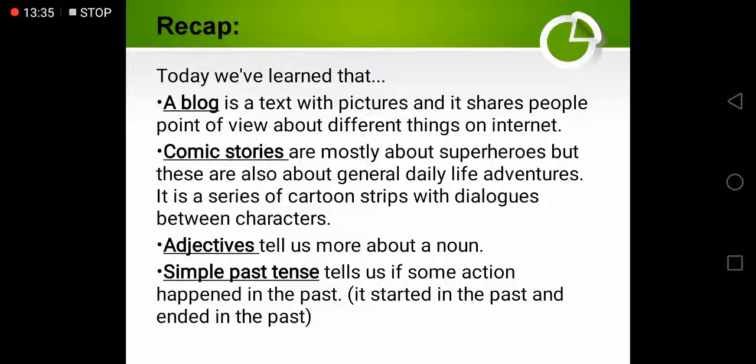Simple past tense tells us if an action happened in the past, it started in the past and ended in the past. We use the second form of the verb, and there are some regular and irregular verbs which are used in simple past tense, like see will become saw, call will become called. Called is a regular verb and saw is an irregular verb.